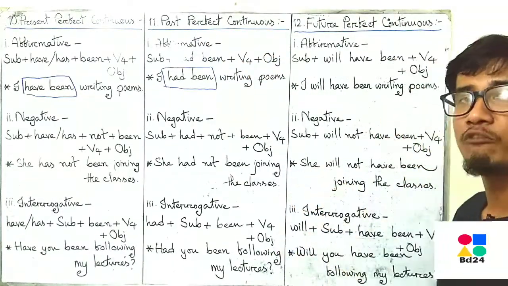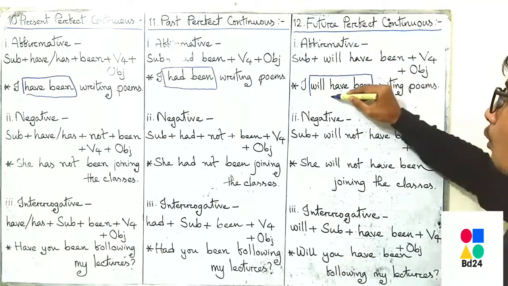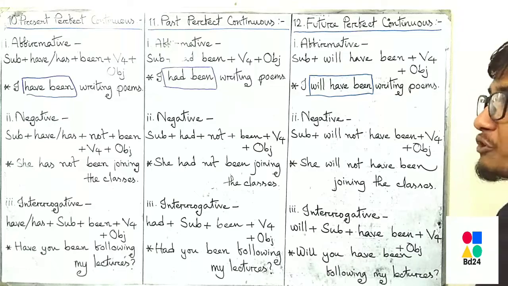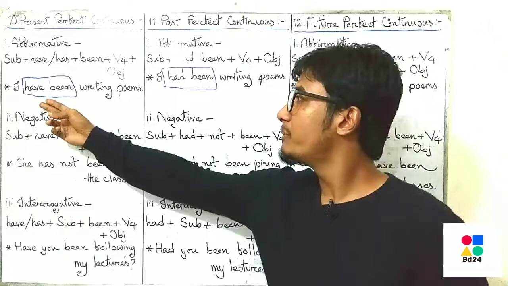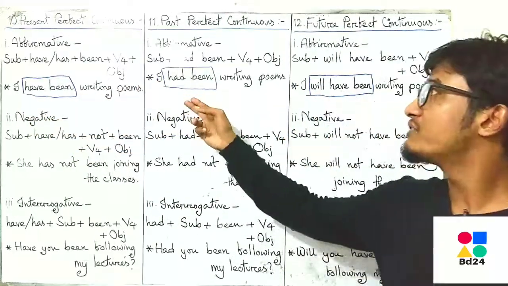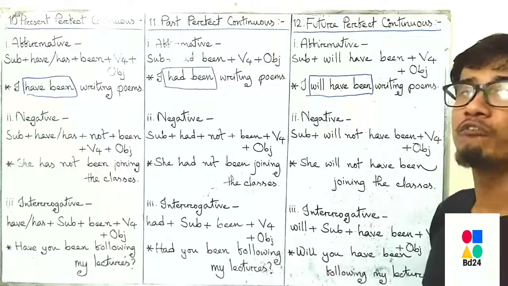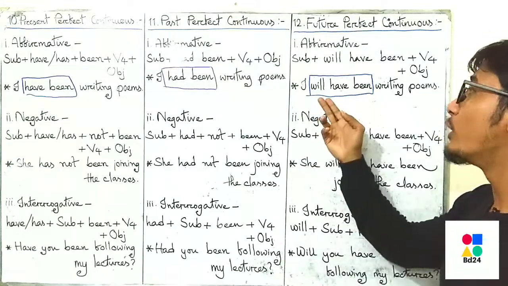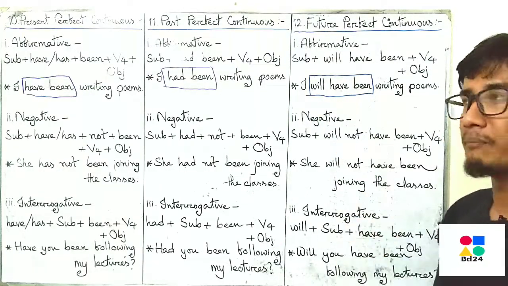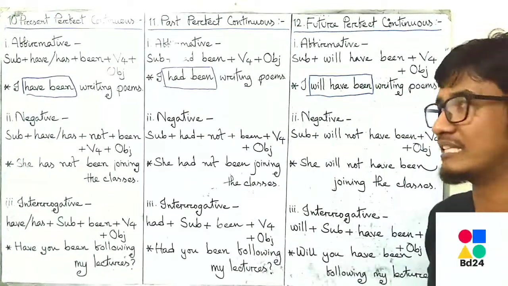And the affirmative sentence of future perfect continuous: I will have been. So you see the minor changes. In affirmative sentence of present perfect continuous, have. In affirmative sentence of past perfect continuous, had. And affirmative sentence of future perfect continuous, will have. So these are the minor changes in affirmative sentence of these three perfect continuous tenses.